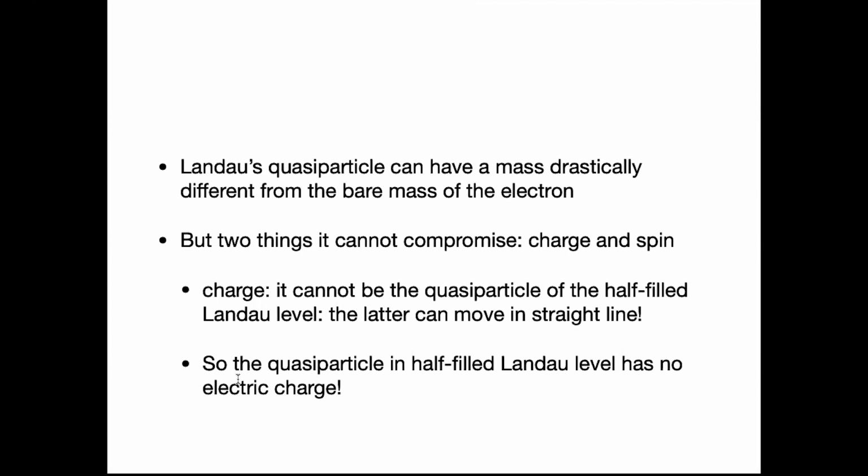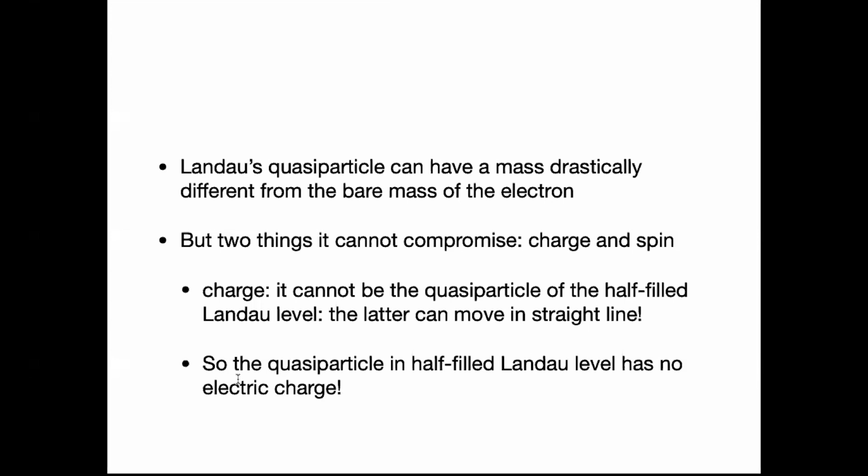So in metals there is a notion of effective mass, which can be very different from the real mass of the electron. But there are two things that the quasi-particle has to keep from the original particle, that is the charge and spin. The charge of this quasi-particle must be the same as the charge of the electron, because all the things that surround it are particle-hole pairs, and they have zero charge. And the spin of these particles also has to be 1/2.